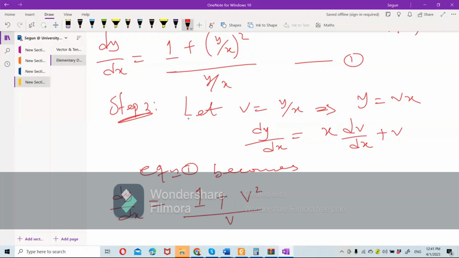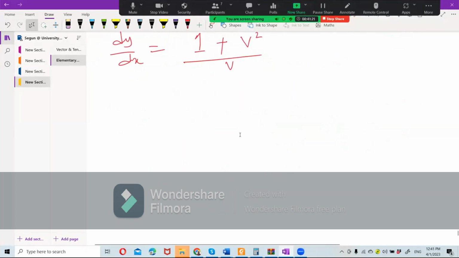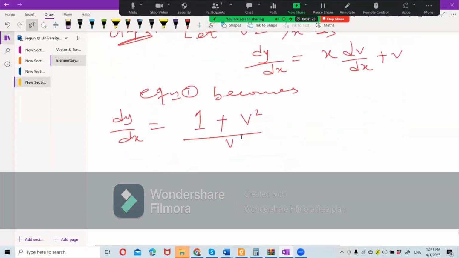So in this case, I can substitute my dy/dx in terms of v.